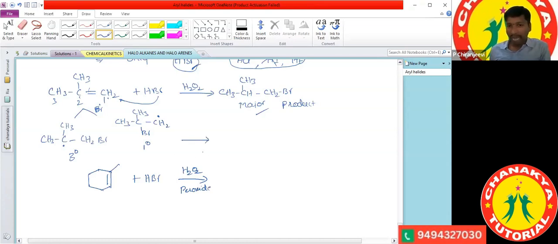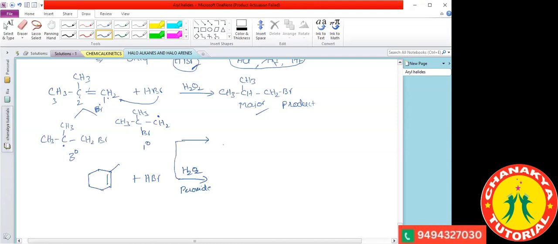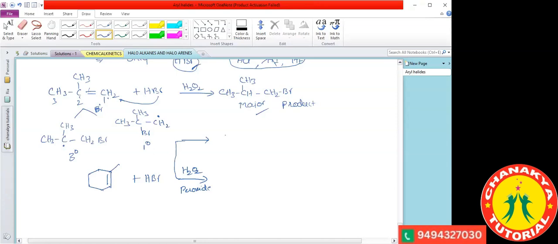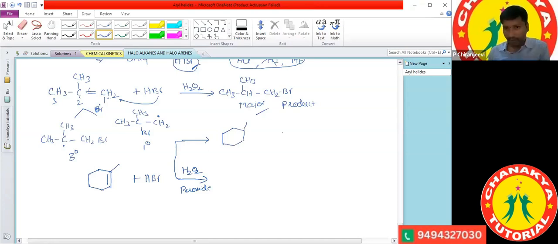So one is Markovnikov rule, another one is anti-Markovnikov rule. If it is Markovnikov rule, what is the product you will get? 1-bromo-1-methylcyclohexane is according to Markovnikov's rule. Second one?